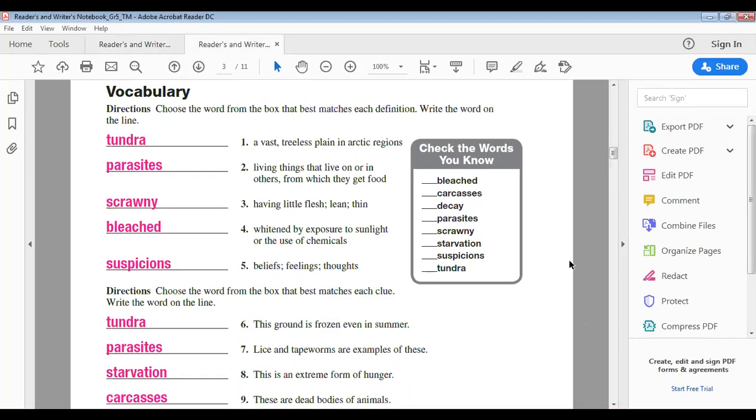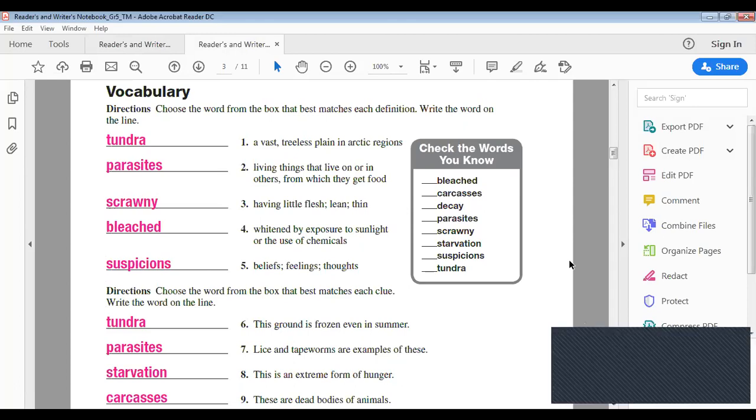Yes. So a vast treeless plain in the Arctic region is a tundra. Living things that live on or in others from which they get food are called parasites. Having little flesh, lean or thin, is being scrawny. Whitened by exposure to sunlight or the use of chemicals is bleached. Beliefs, feelings, and thoughts, suspicions.